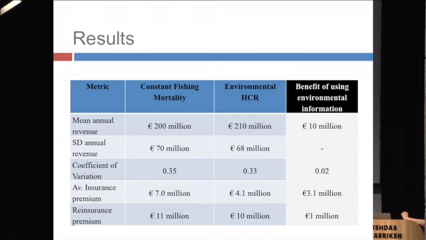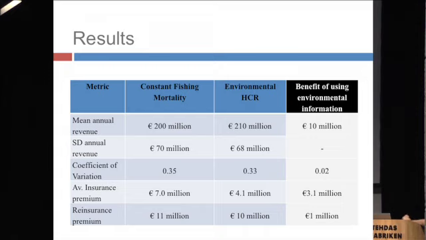As you can see here, with constant fishing mortality we have a revenue of 200 million, and with the environmental harvest control rule, 210 million.